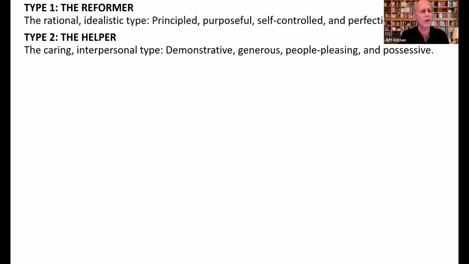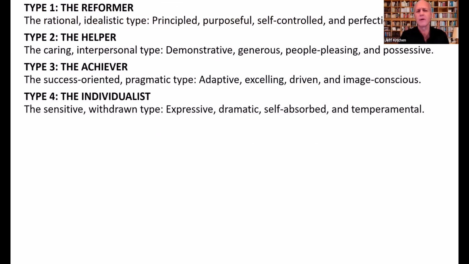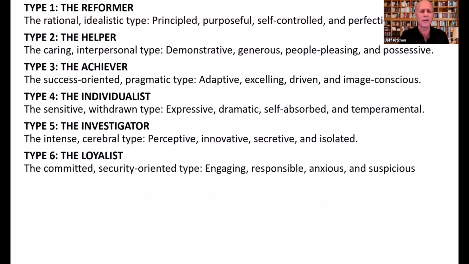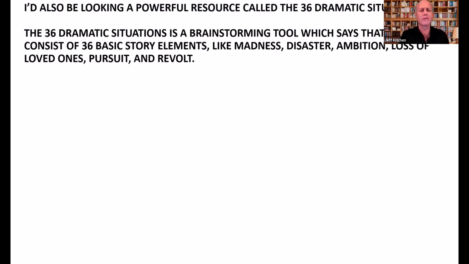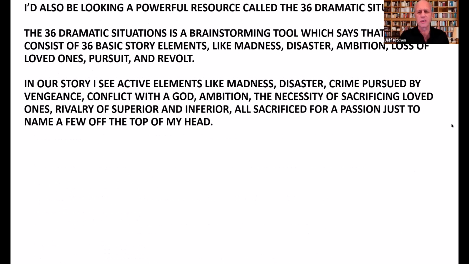And as part of that, we're also looking at the Enneagram, the system of personality profiling. That's very deep and powerful. And the 36 dramatic situations, a set of elements: madness, disaster, crime pursued by vengeance, powerful elements with which to build a story.